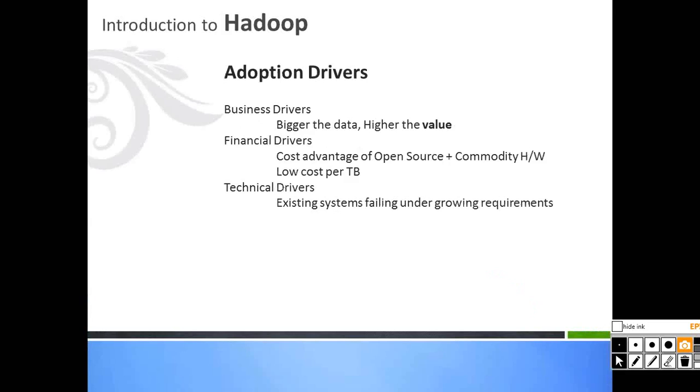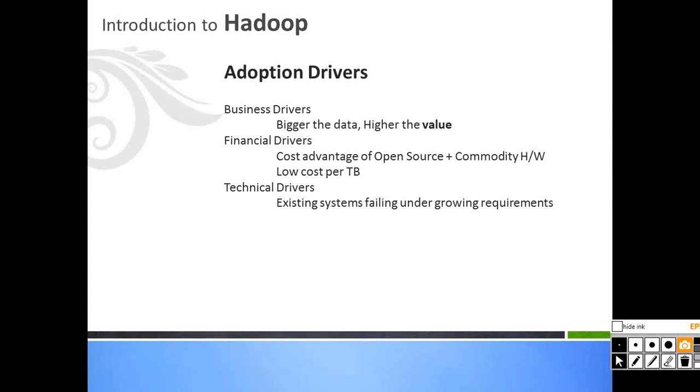So what are the main drivers in Hadoop? From the business owner's perspective, they want to get higher value in terms of intelligence and insights from the huge data sets. And for the stakeholders who fund the technologies, Hadoop is a cost advantage. For the same kind of data, if somebody goes with traditional warehousing, the cost is much higher.